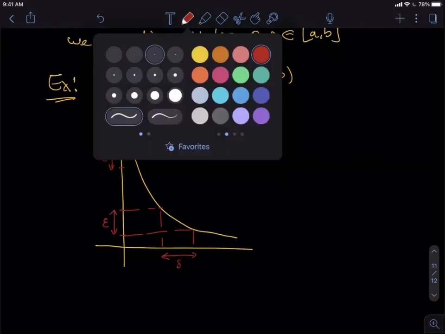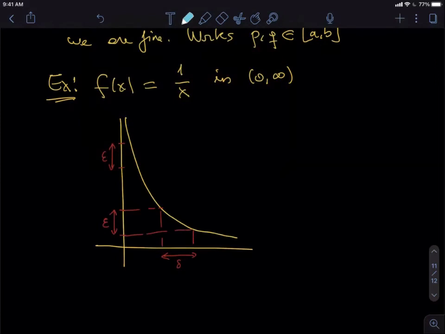But if we try the other one, this one a little higher, look what happens. Actually, it's going to be much smaller, and it gets smaller the closer I get to 0. So in this case, delta tends to 0 as p tends to 0.